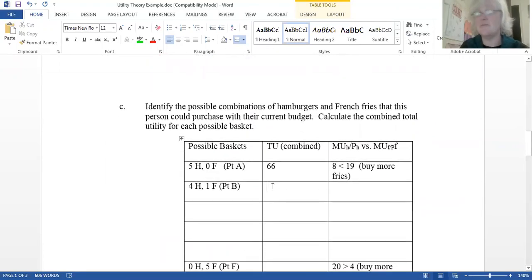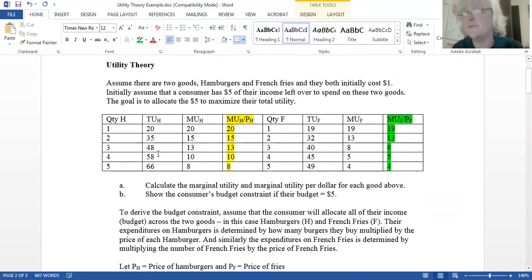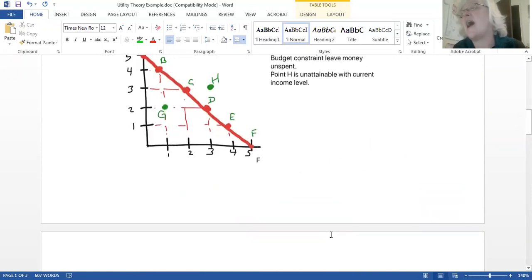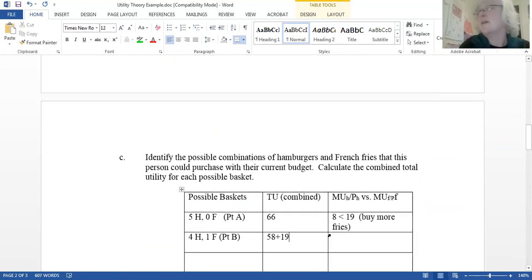So I'm going to do 58 plus 19. Let me go back and double check. 58, 19, add those together. And that should be 77. So if the choice was just between A or B, this consumer would clearly like point B better. 77 utils is better than the 66 level of happiness, okay?